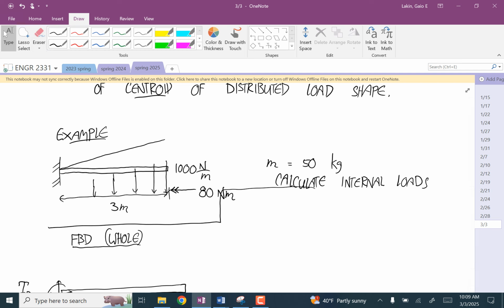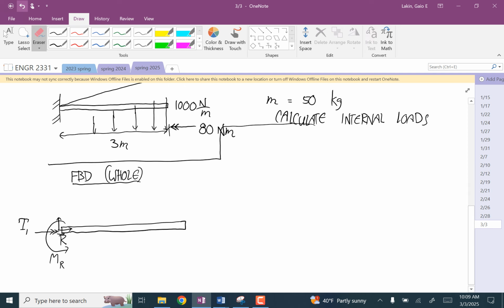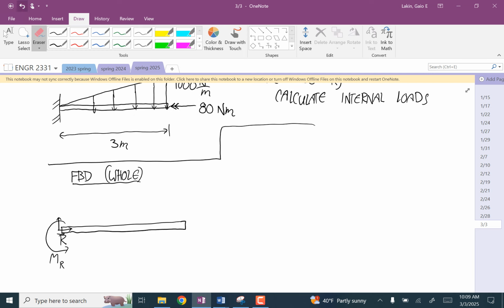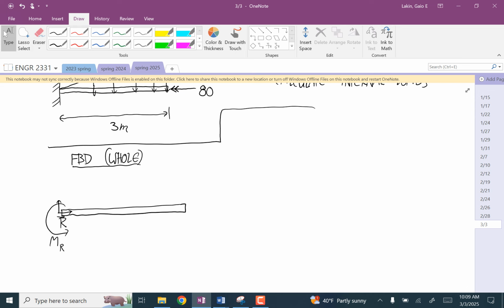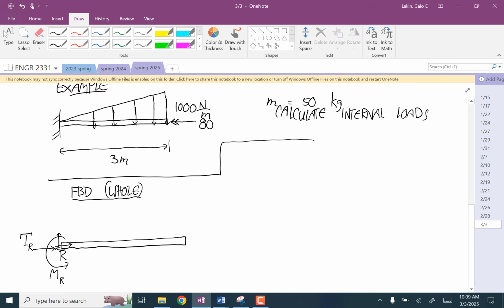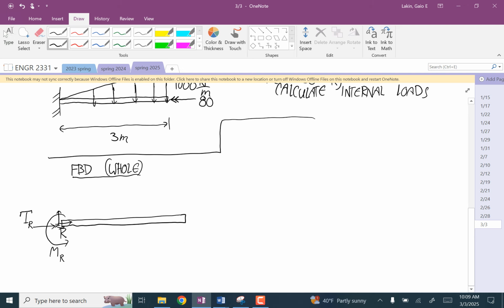What is going on with this? Okay. And then we have a distributed load due to the weight.